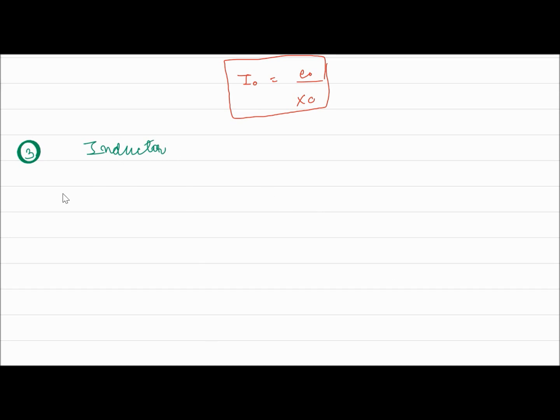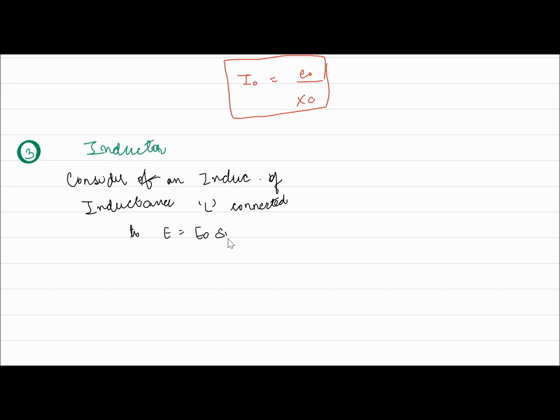So we'll consider an inductor of inductance L. Consider an inductor of inductance L connected to E equals E naught sine omega t. So, L and the voltage source.